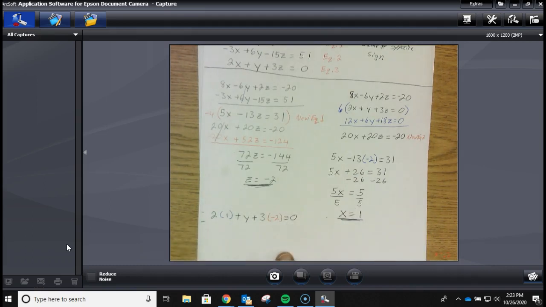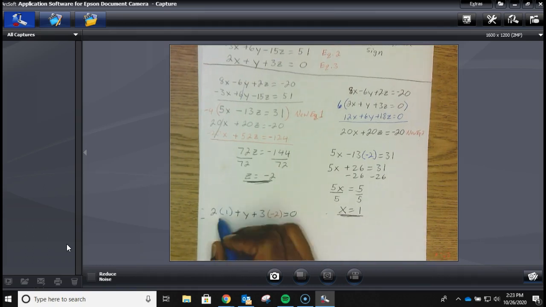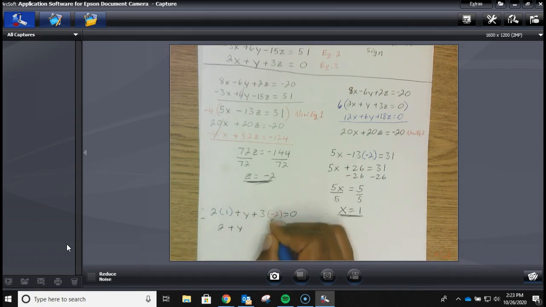Then I start solving this out. 2 times 1 is 2, plus y, 3 times negative 2 is negative 6, equals 0. Combining this together, negative 6 plus 2 is negative 4, so y equals 4.